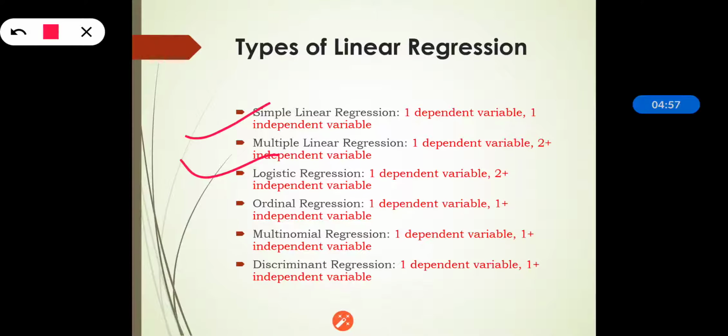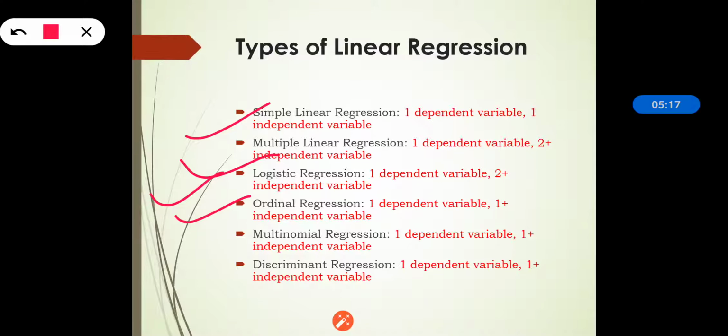dependent variable and two or more independent variables are used. In logistic regression, one dependent variable and two or more independent variables. In ordinal regression, one dependent variable and one or more independent variables. In multinomial regression, one dependent variable and one or more independent variables.